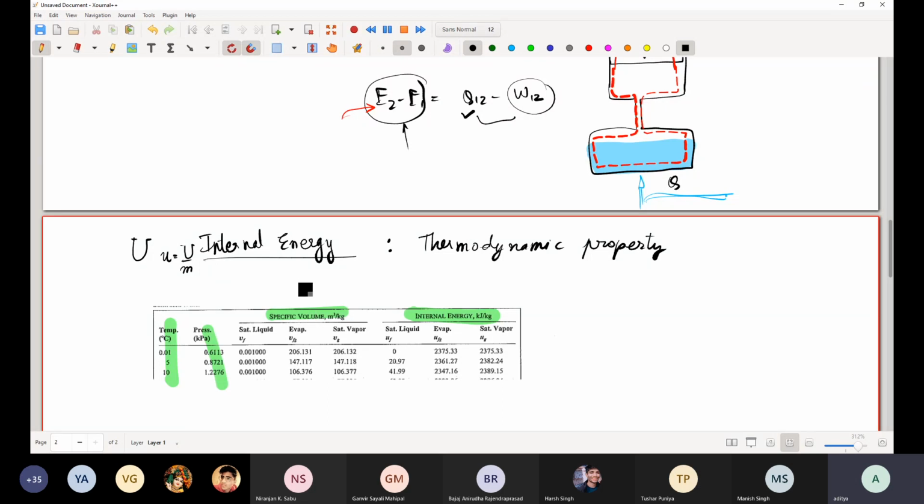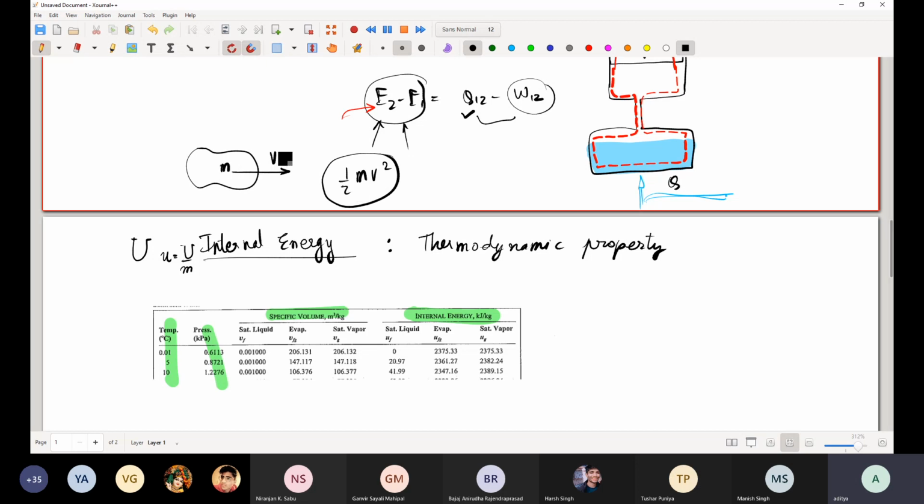So why do we say that E is not a thermodynamic property? E is not a thermodynamic property because you have the kinetic energy and the potential energy, and you have half mv square. So you sort of abstract a system with its mechanics. This follows from how the dynamics of the system works. You have a mass which moves with a velocity, so it has half mv square.